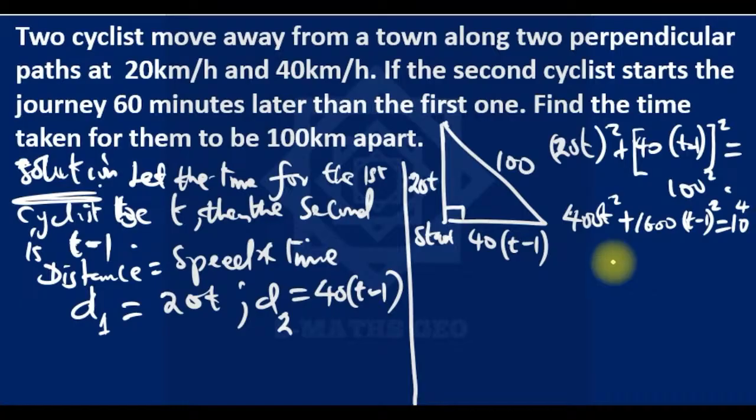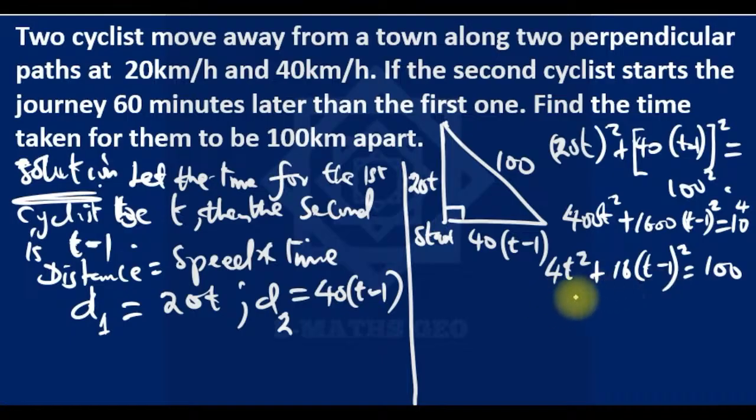So dividing both sides by 100, because I can see they have common term 100, I have 4t squared plus 16 times t minus 1 squared equal to 100.